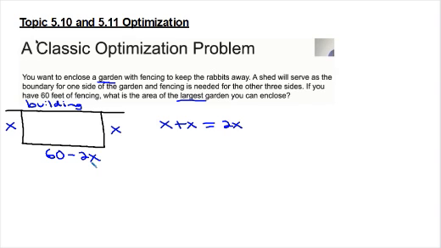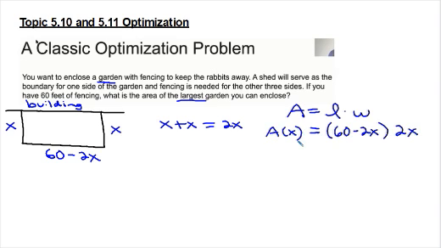And we're asking for the area of the largest garden you can enclose. Well, area is just length times width. So my length is 60 minus 2x, my width is x, and now I've got a function, A of x.